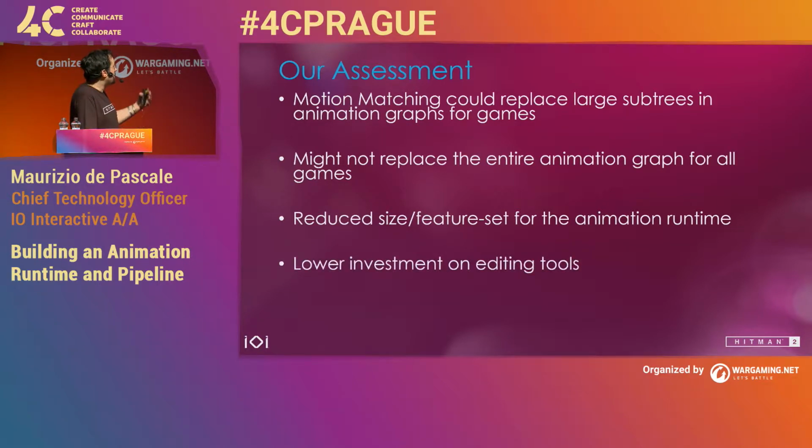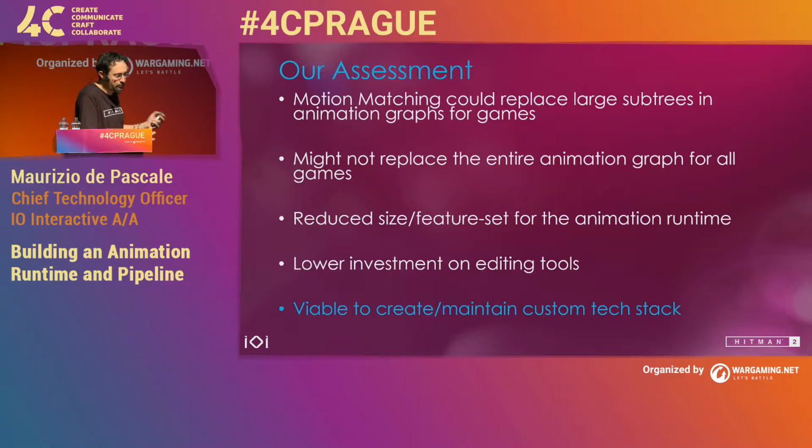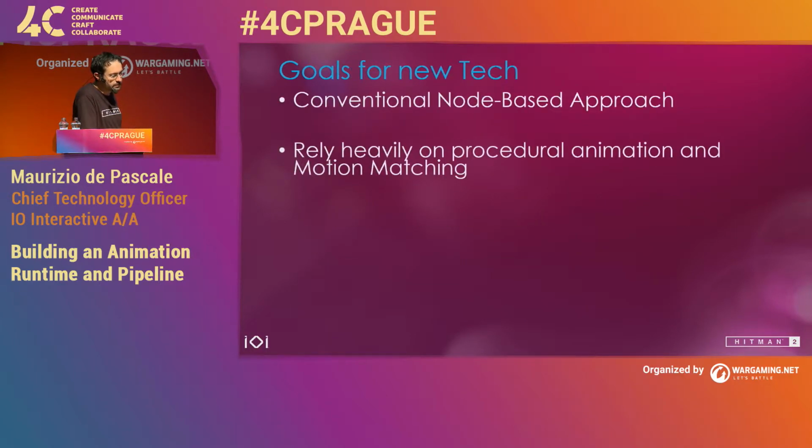All in all, this very likely means needing fewer custom tools to maintain, debug, and display what those nodes will be doing. I mean, all in all, we believe that motion matching makes it viable to develop and maintain your custom animation technology, your custom stack, even for a studio that is not too big. So we started working with this new tech this year, basically starting from scratch.